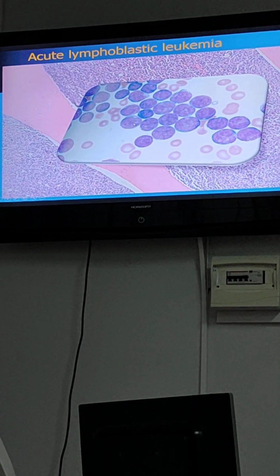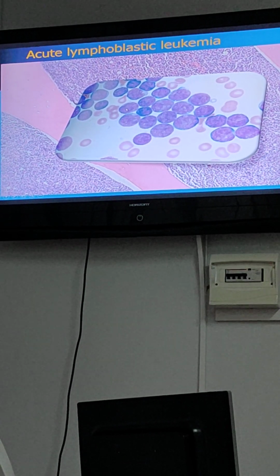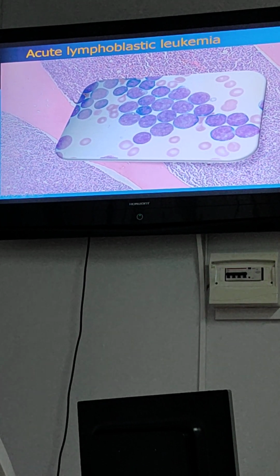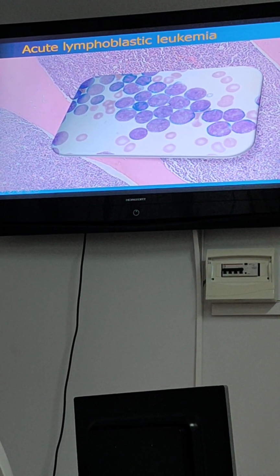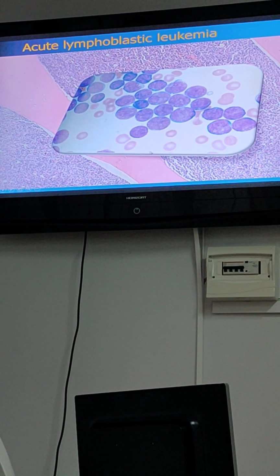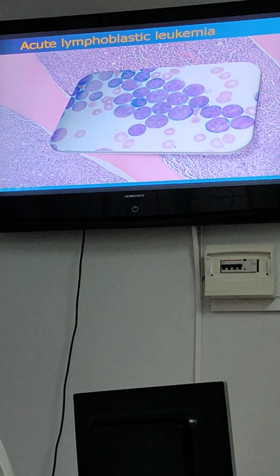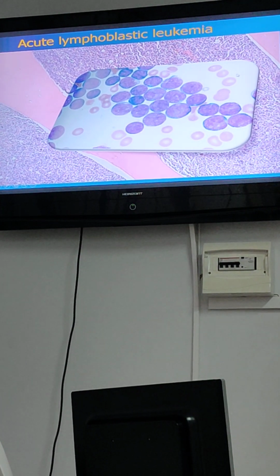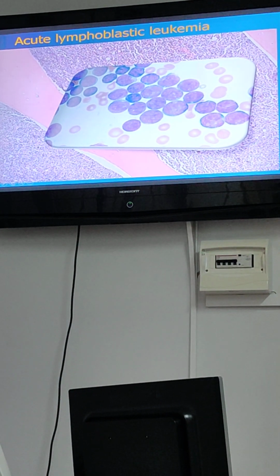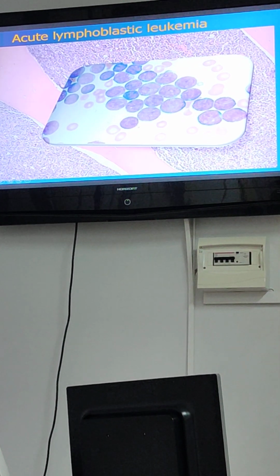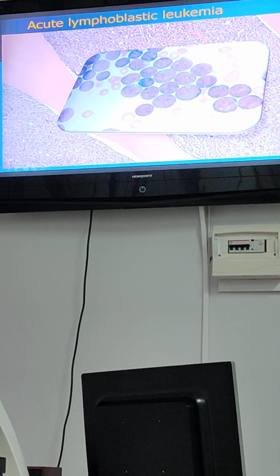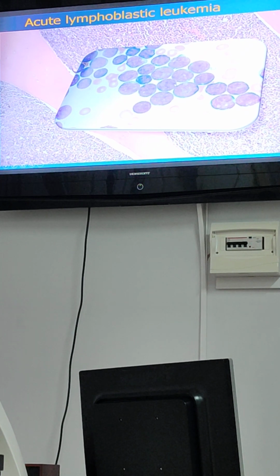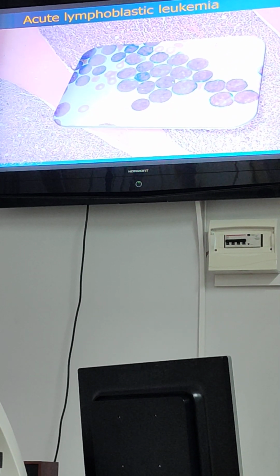The high nuclear cytoplasmic ratio: big nucleus, small amount of cytoplasm. The number of these cells predominates in comparison with the erythrocytes. And this is key: no normal leukocytes in this area. A few red blood cells can be found together with the lymphoblastic cells.